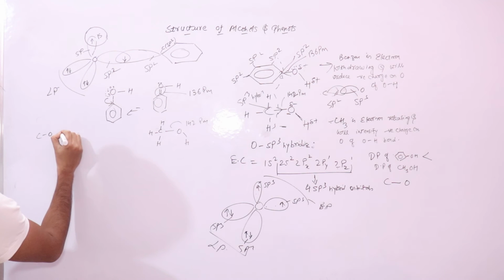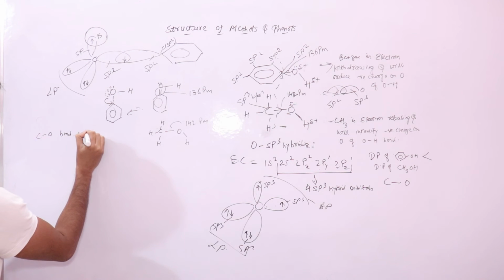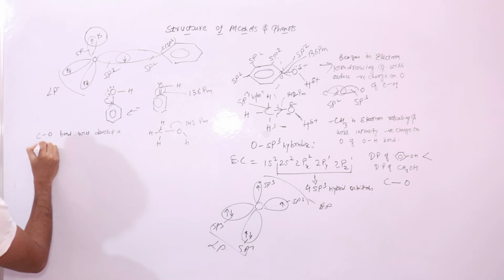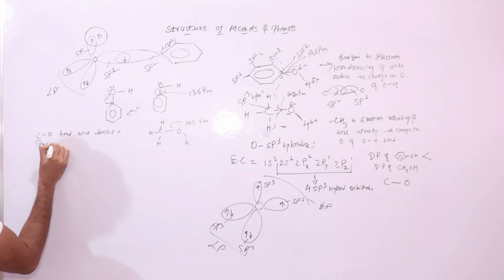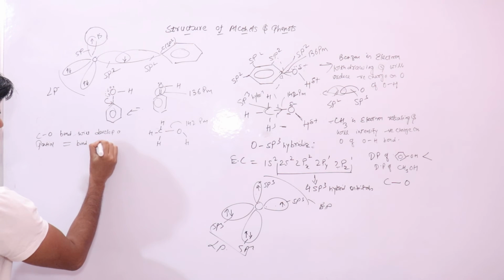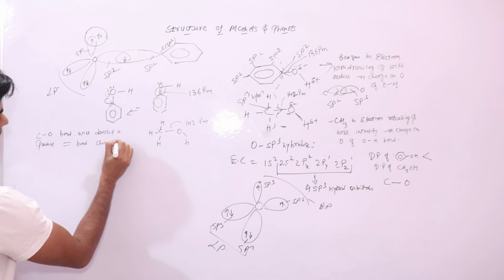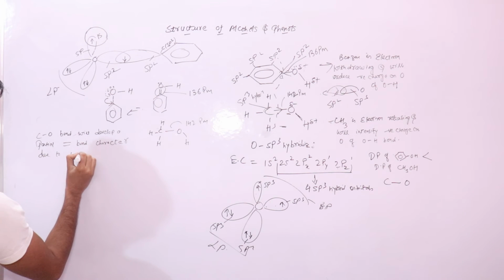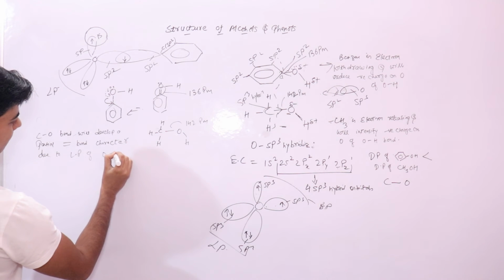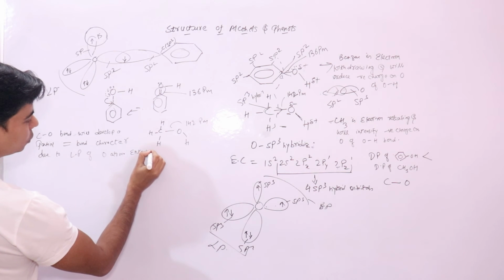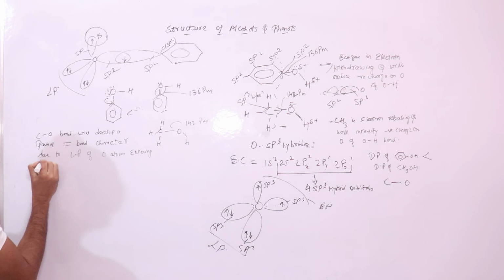So the CO bond will develop a partial double bond character due to lone pair of oxygen atom entering into conjugation with the benzene ring.